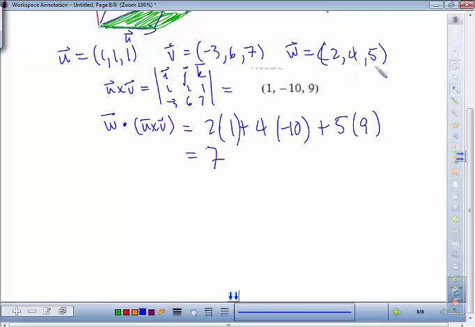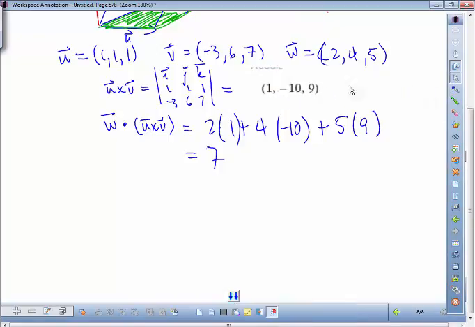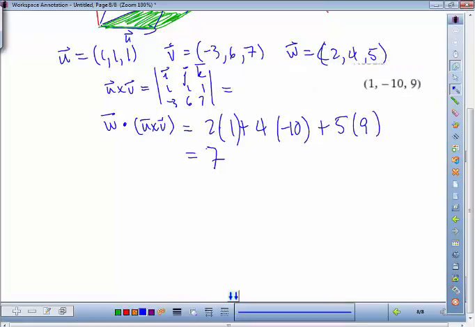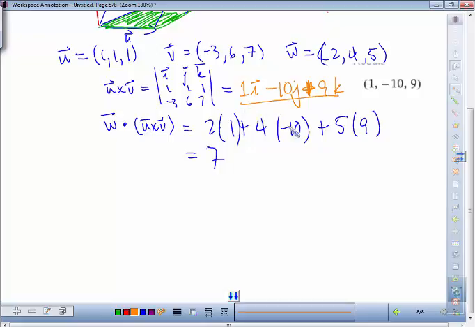But before we let that go, this answer 1, negative 10, 9, when you initially would have done the cross product, you probably would have seen that as i times 1 minus 10j plus 9k, right? And then when you dot it with this, look at the difference between what you got in the cross product and this next step of the dot product.